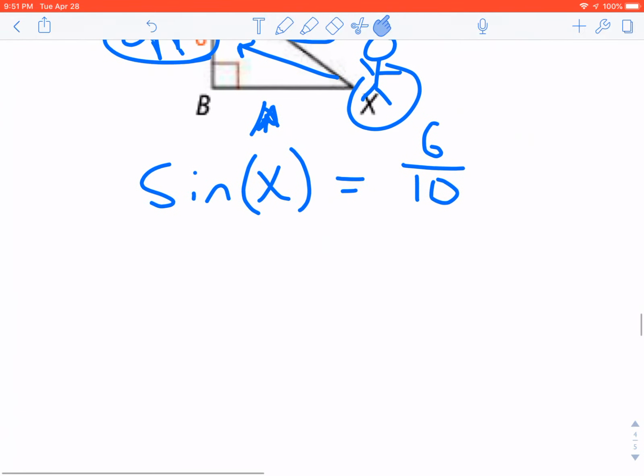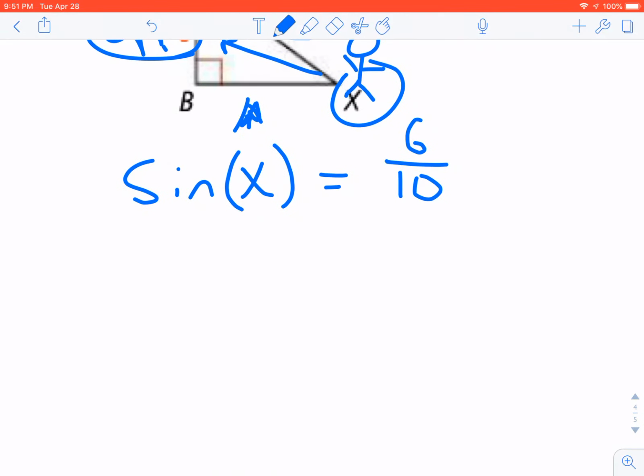So if I'm taking the sine of angle x, to undo sine being done to both sides, I'm going to take the sine inverse. The sine to the -1 is the inverse of sine. I know this is a lot, I know this is confusing, but just bear with me, okay?